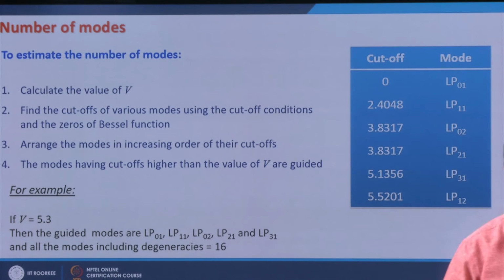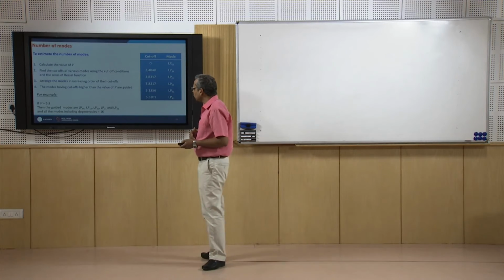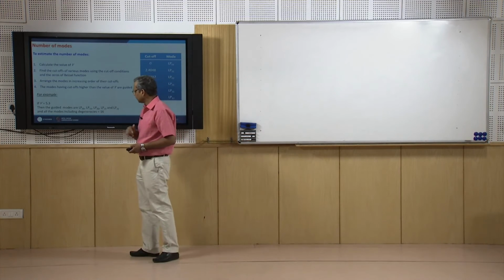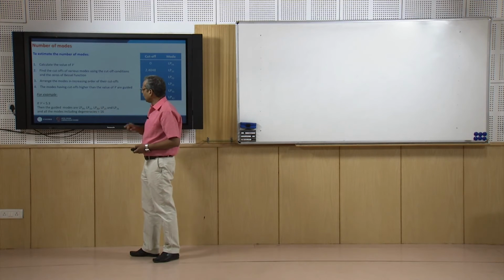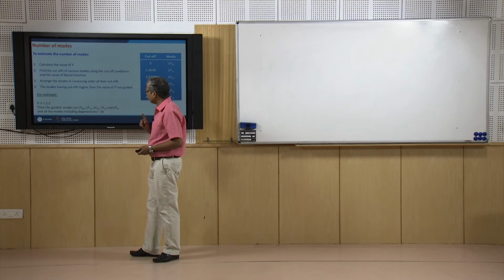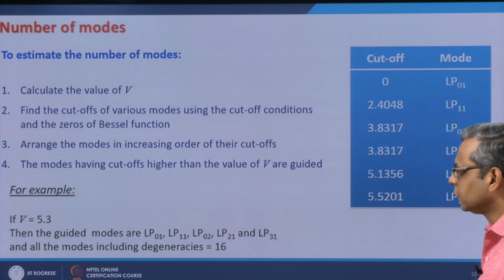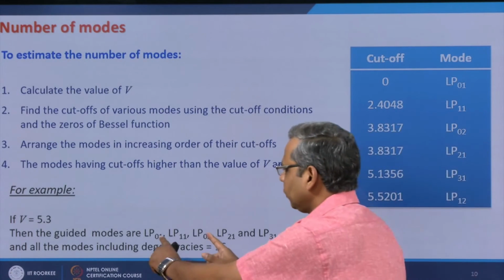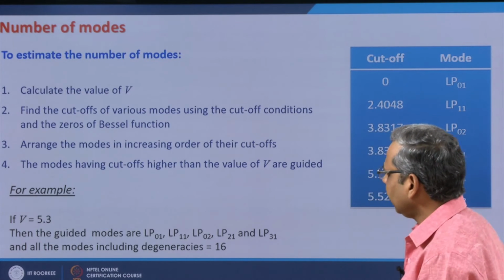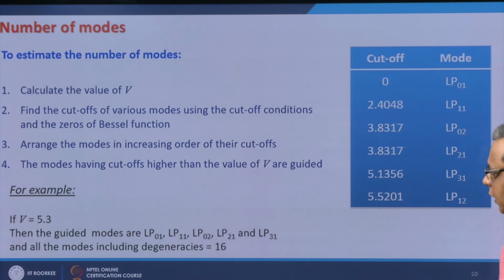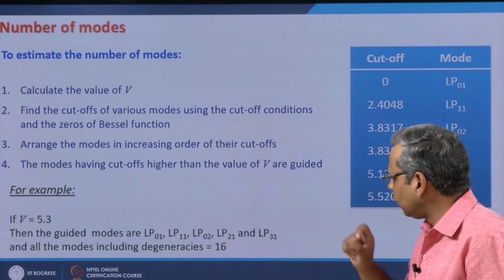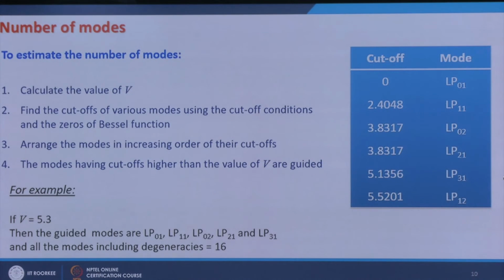I can also find out the total number of modes by including their degeneracies. I find that there is 1 mode which has L equal to 0. So, it will be only 2-fold degenerate. So, they comprise of 2 modes, and then I have 1, 2, 3 modes which have L not equal to 0.